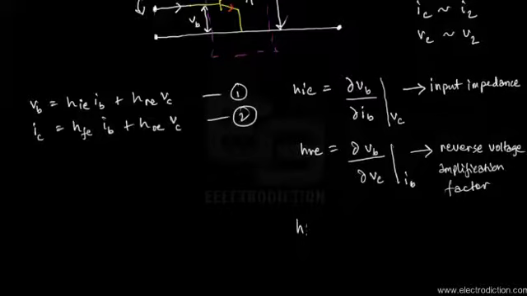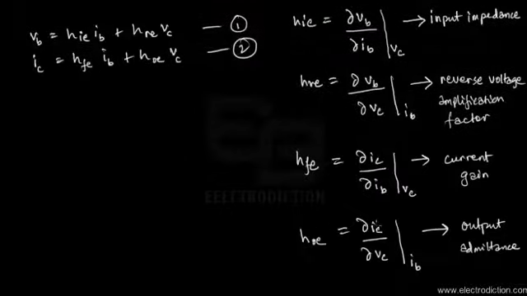HFE is expressed as the partial derivative of the output current versus the input current, under constant output voltage, and is termed the current gain. The last H parameter, HOE, is expressed as the partial derivative of the output current with respect to the output voltage, under constant input current. This is known as the output admittance.